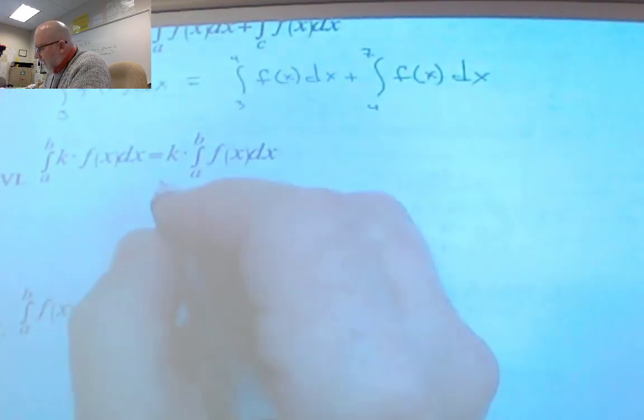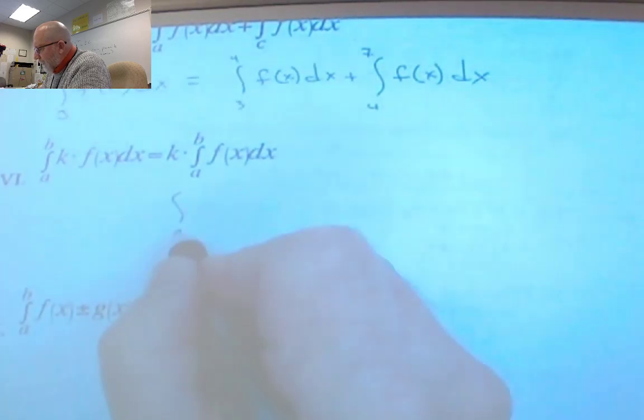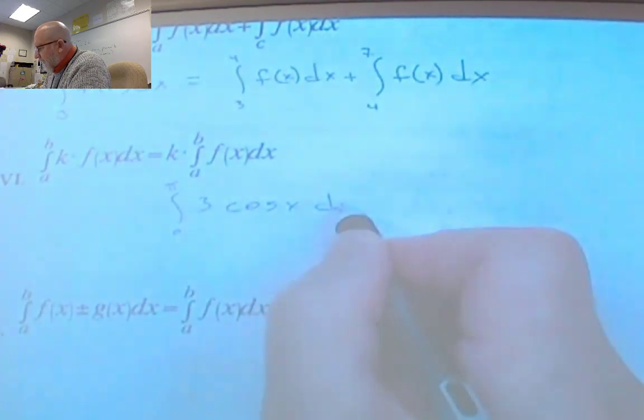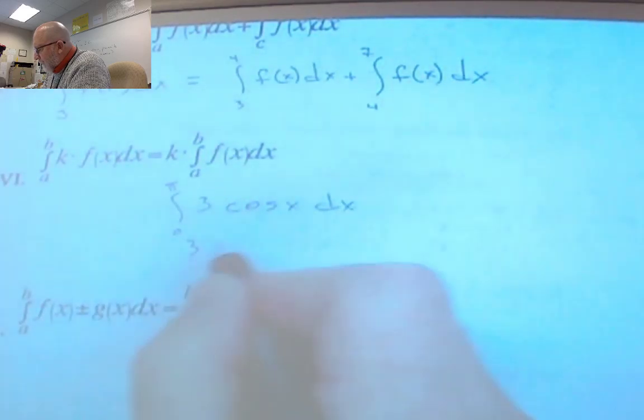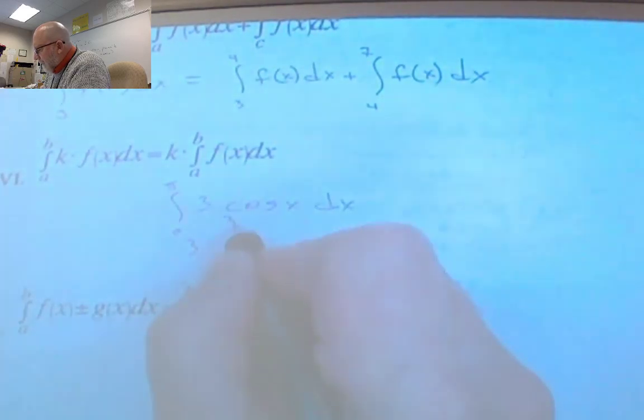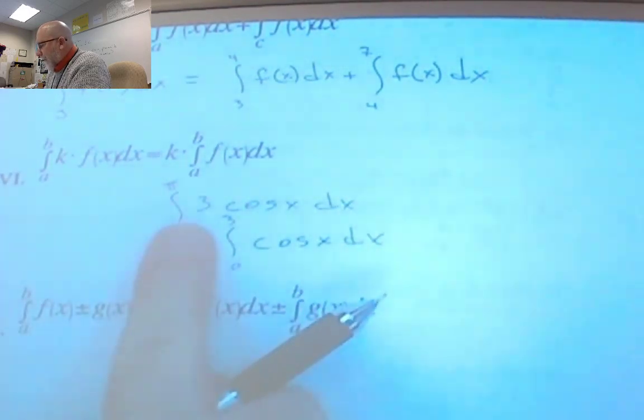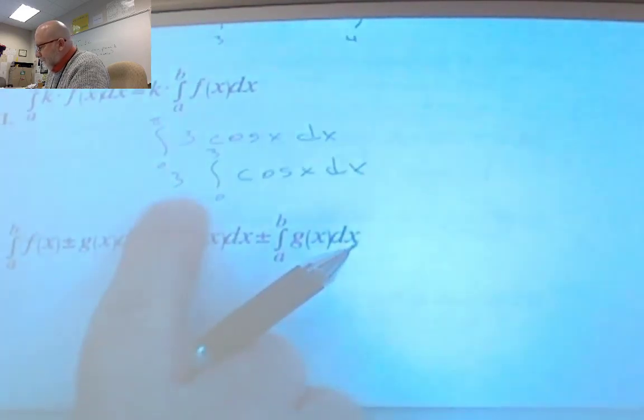This one they're saying is if you get something like this from 0 to pi of 3 times the cosine of x dx, and this 3 confuses you, you can bring the 3 out and just work on that, multiply your answer by 3.